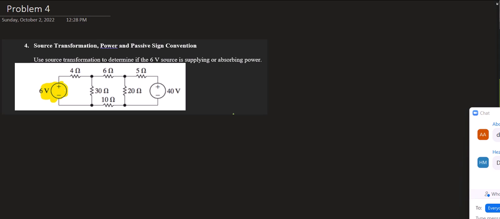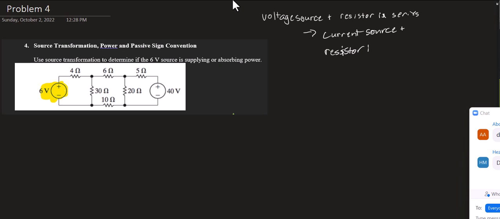And what you can remember is that a voltage source plus resistor in series can be transformed to a current source plus resistor in parallel. And this is actually a two-way thing.